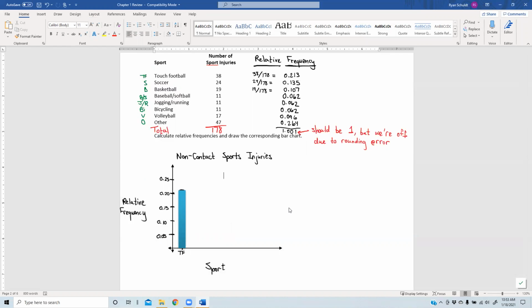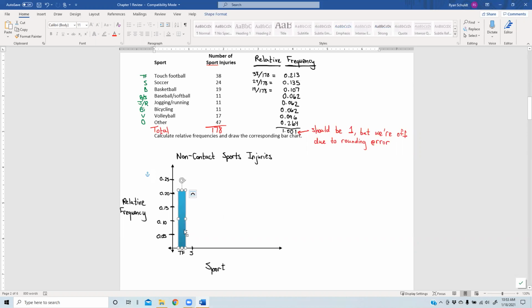And then we're just going to keep doing this for soccer, basketball, etc. So this is going to be soccer. And soccer needs to be at 0.135.